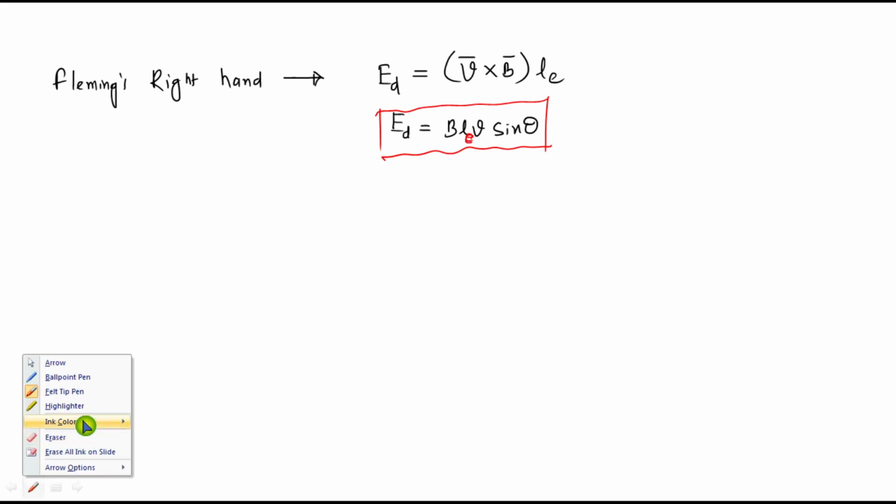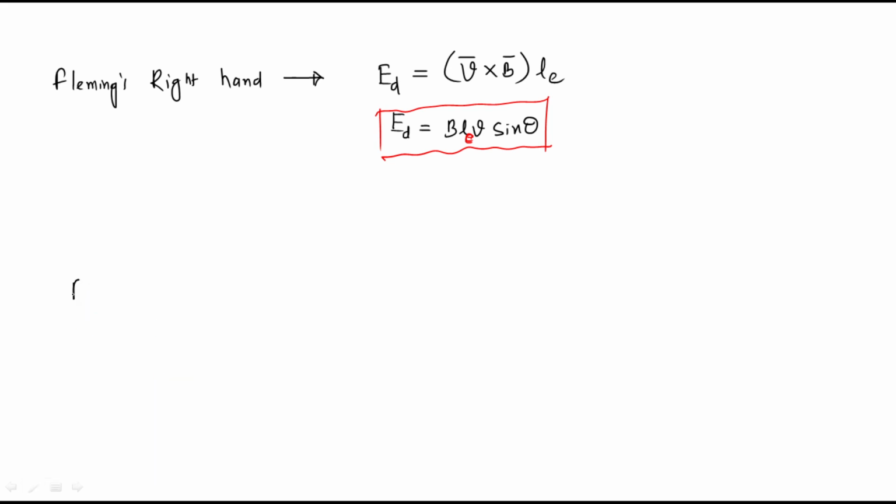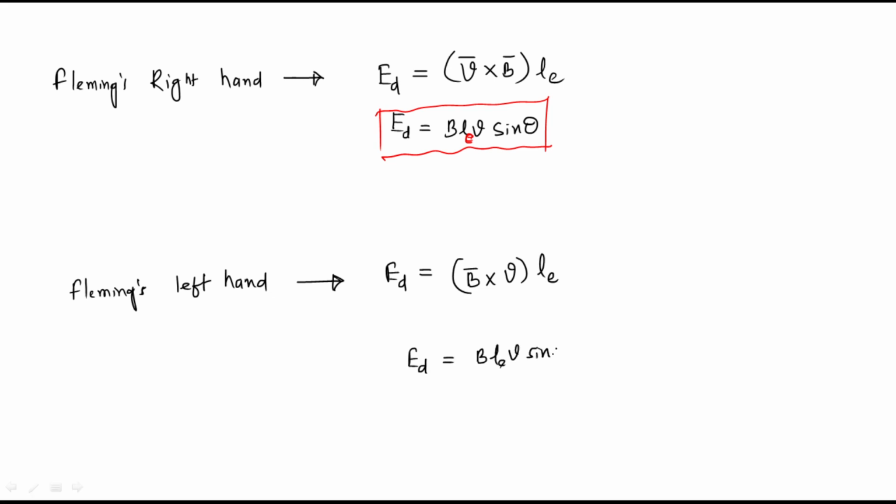Like that, when we have Fleming's left hand rule, the magnitude simply changes to B cross V into L. In any case, ED is equal to BLV sin theta.